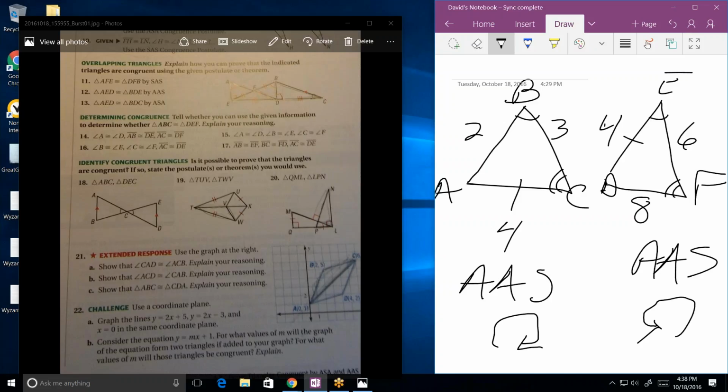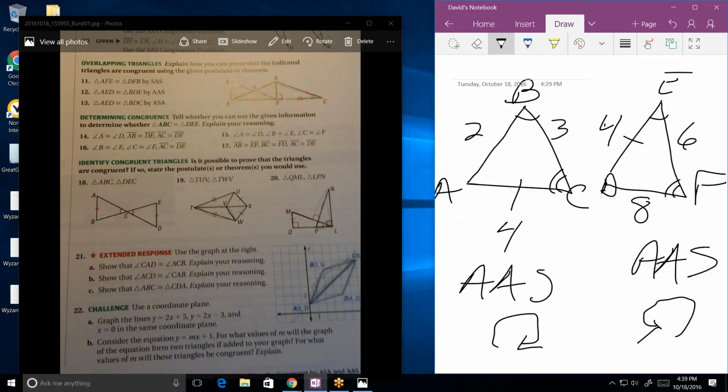So it's not just a question of using angle, angle, side. You have to be going in the same direction. In other words, if I'm going to go clockwise on one, I've got to go clockwise on the other to prove angle, angle, side. And I think this is a perfect example of it.